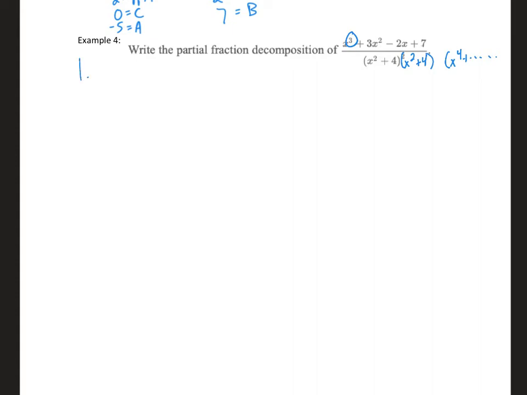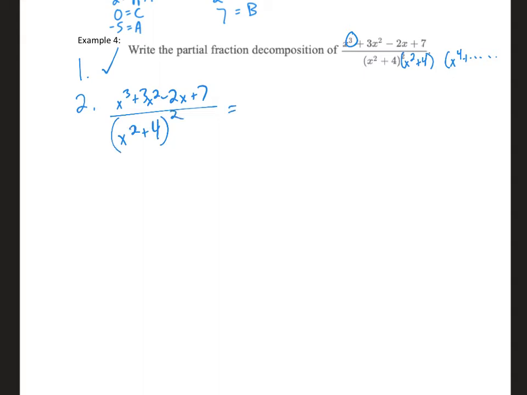So step 1, check. Step 2, the denominator has already been factored for us. So we're just going to leave it as x cubed plus 3x squared minus 2x plus 7 over x squared plus 4 squared. So it's our job to rewrite this guy.